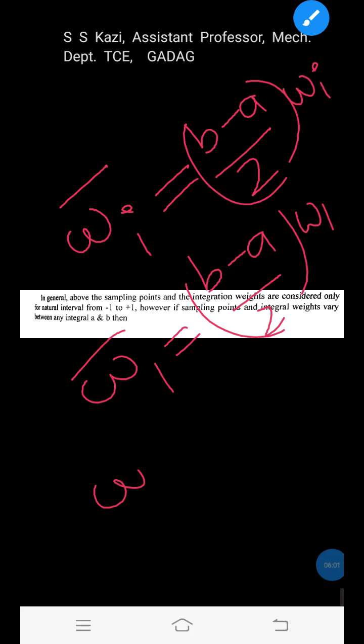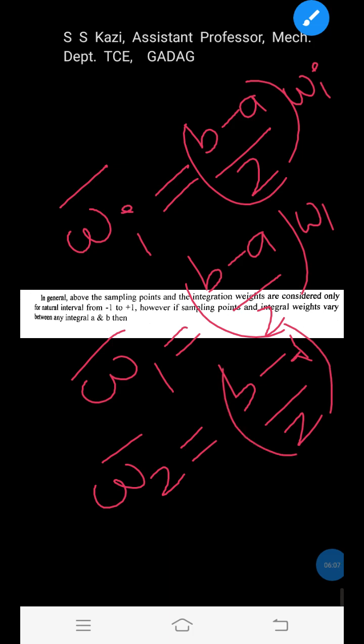If you want to calculate W2 bar, it is equal to (b minus a) by 2 into W2, like that. Okay, where b and a are the interval limits, b is the upper limit and a is the lower limit. Whatever is given, you substitute, and W1, W2, these are the weighting functions, that is the sampling weights.